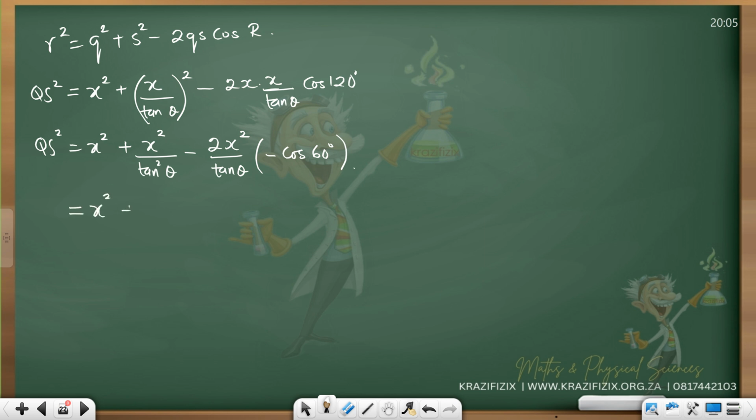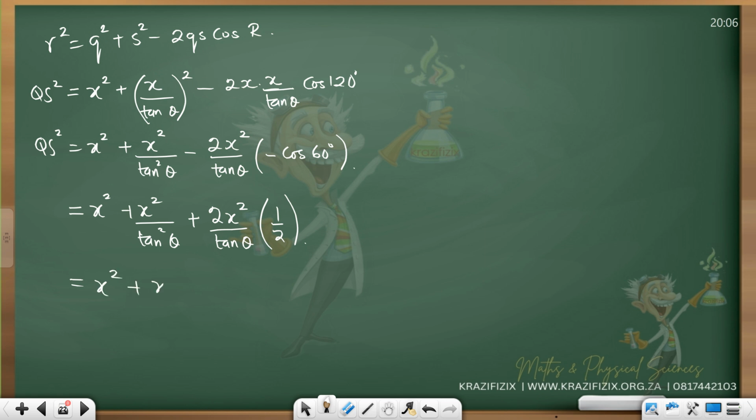X squared plus x squared over tan squared theta minus, this is now plus, what is cos 60? That's half. Okay, take it step by step.